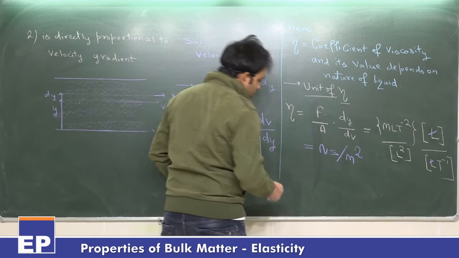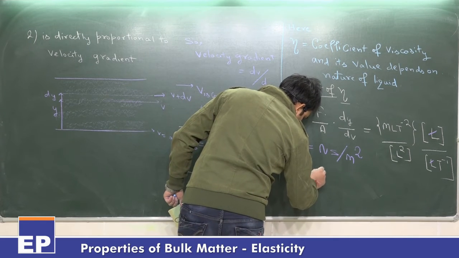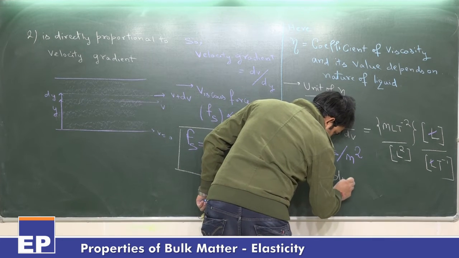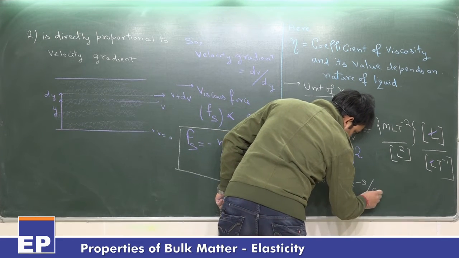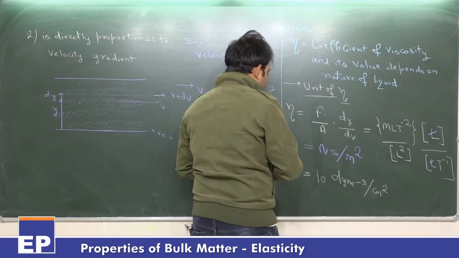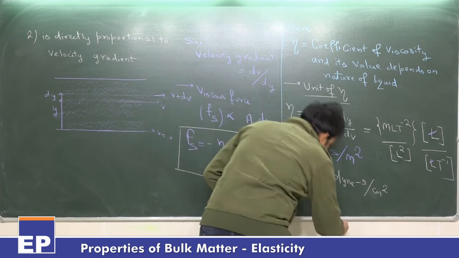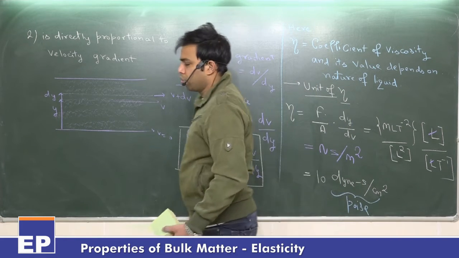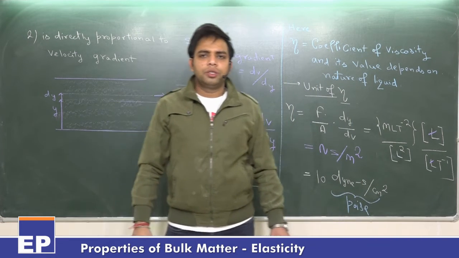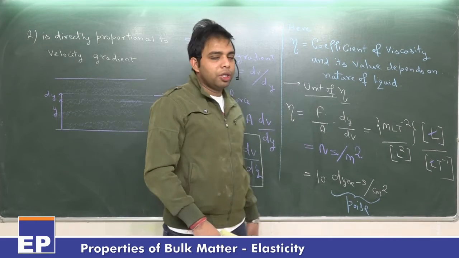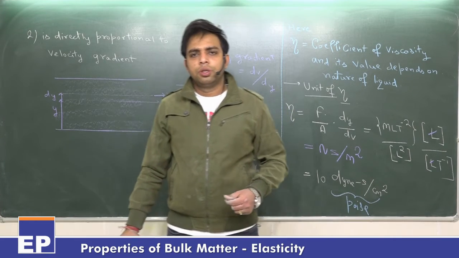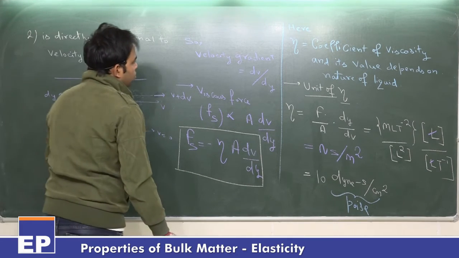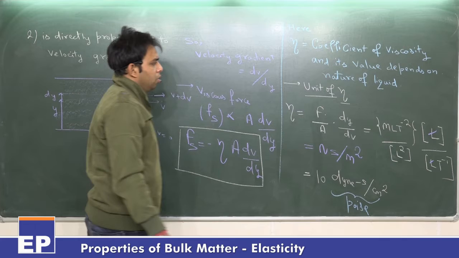Right? And in CGS, this is dyne second per centimeter square, and this is also called poise. So that is the viscosity here. How to define it and how to analyze it. The value is 10 poise in it. Is it clear? So this is the value of it for the viscosity. Clear?